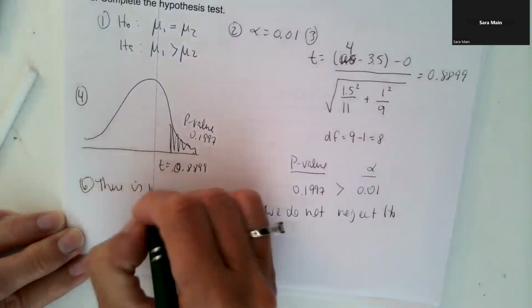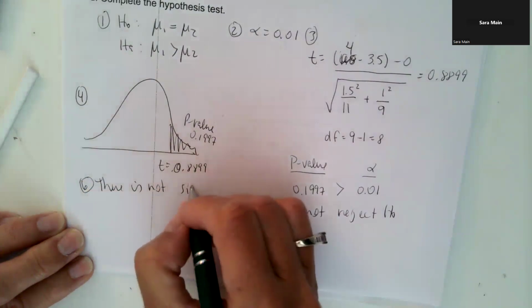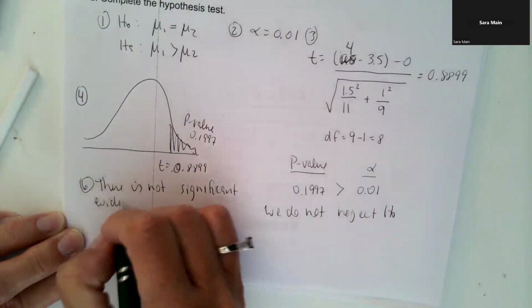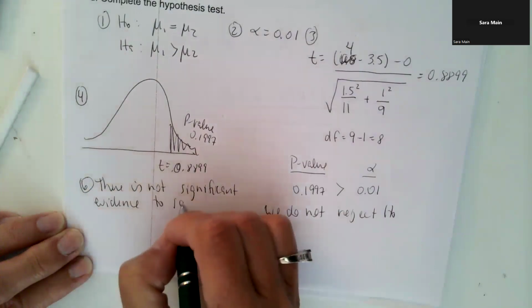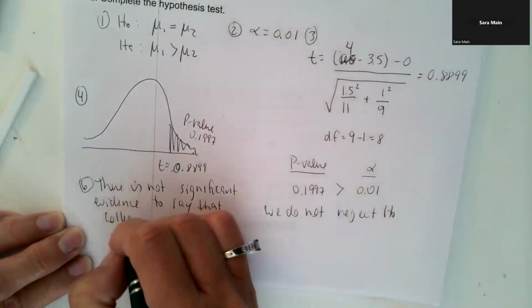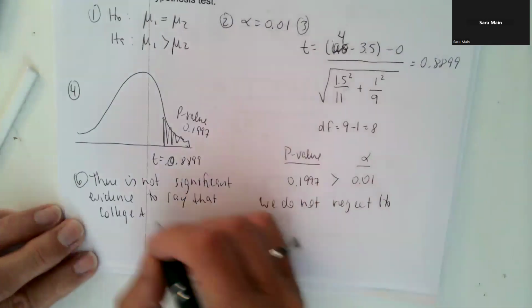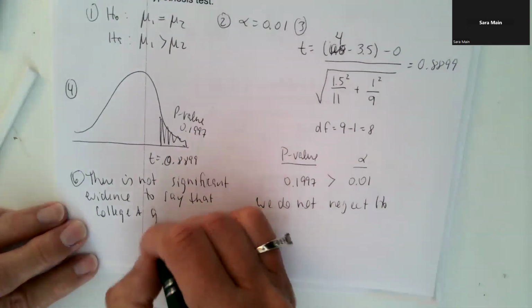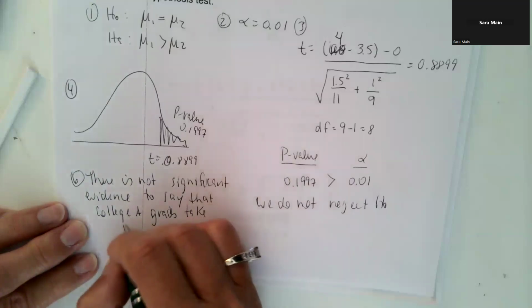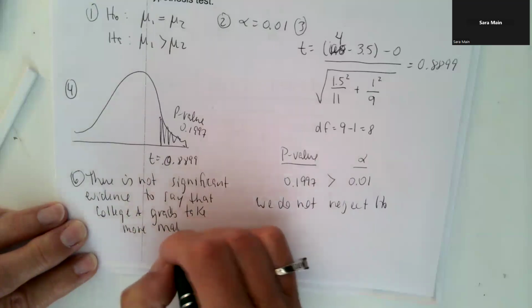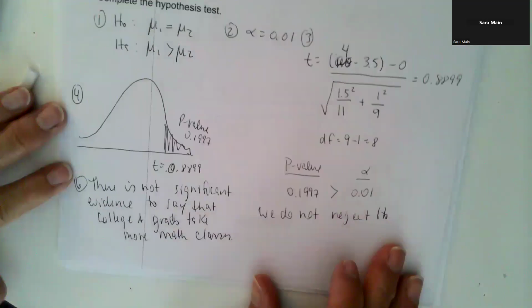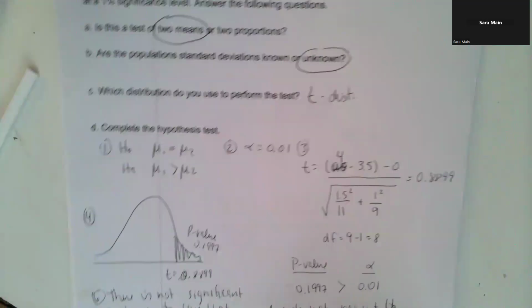So there is not significant evidence to say that college A grads take more math classes. We can't say that. So that's example 4.